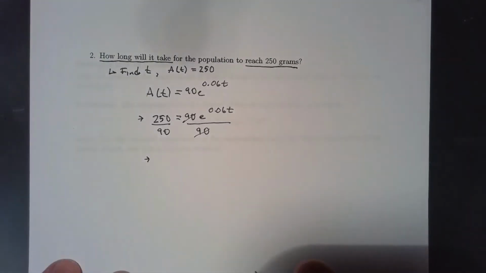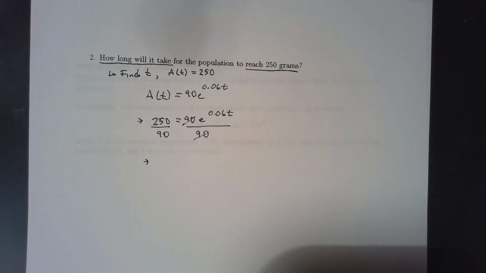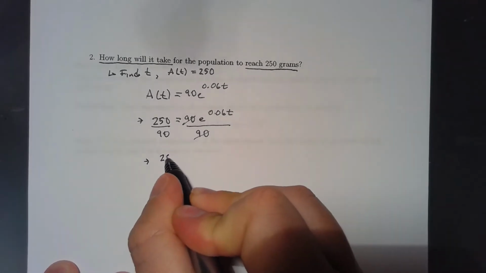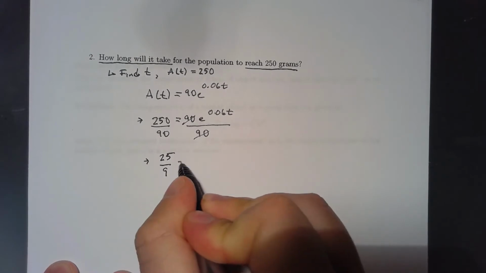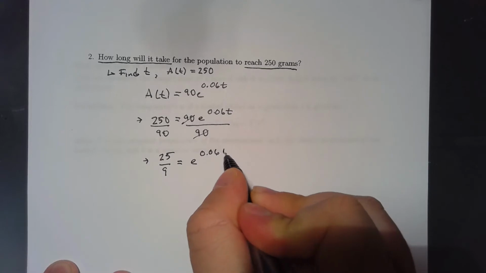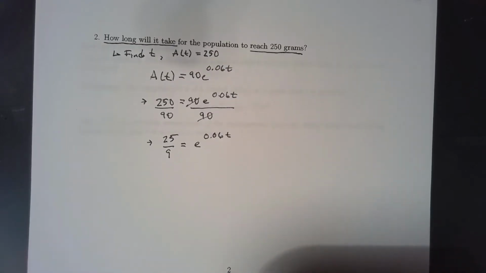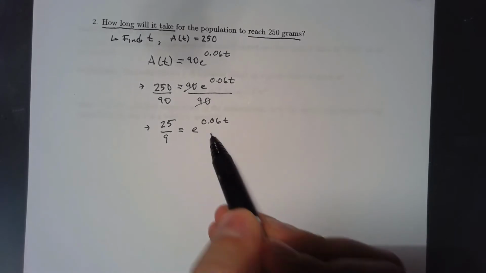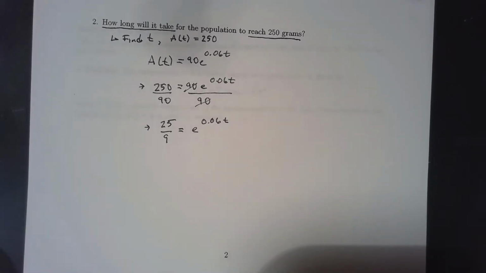I'll just keep it as 250 over 90. Or, better yet, I'll reduce that to 25 over 9, equals e to the 0.06t. Alright, now that I have e to stuff by itself, I'm going to take the natural log of both sides.